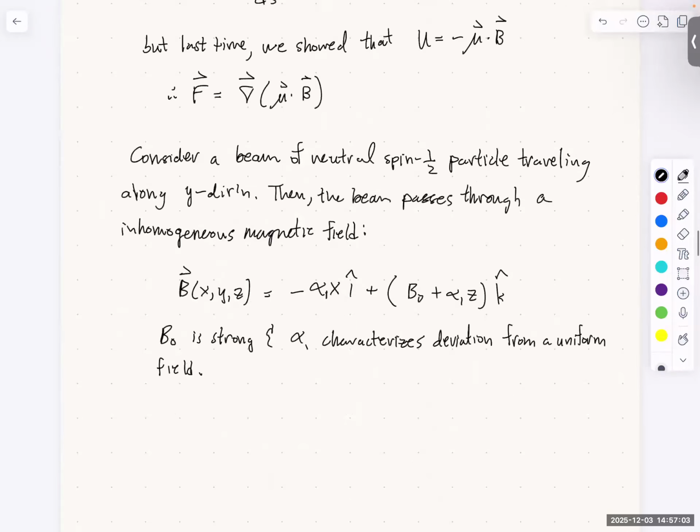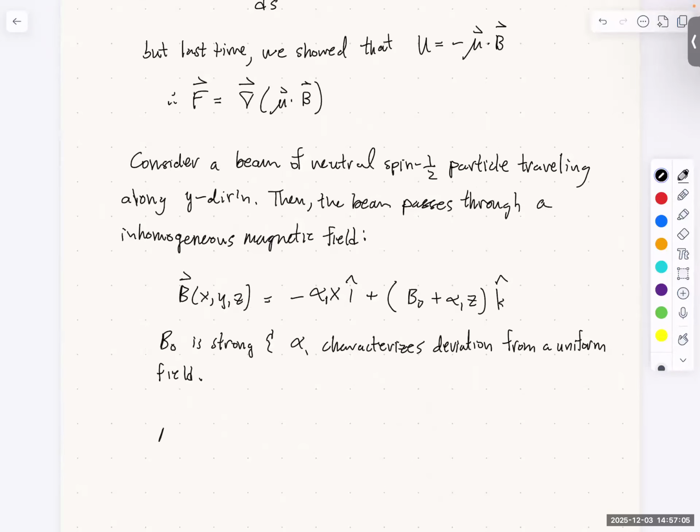Now, since we've picked some parameterization of our magnetic field, we can evaluate this dot product. Mu, we said, was gamma S last time, and then we're going to take the dot product with this magnetic field. The first term is going to select the x component.